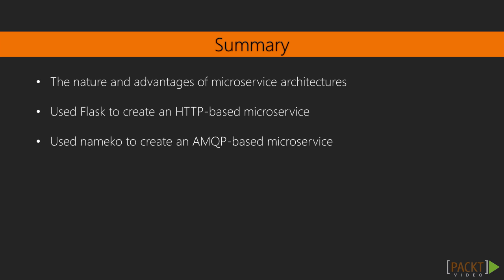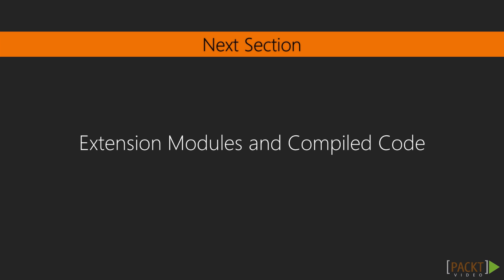In the earlier videos of this section, we looked at what microservices are philosophically and what their advantages are, and implemented an HTTP-oriented microservice using Flask. In the next section, we'll look at how to interface between Python and compiled code to optimize performance bottlenecks in our code, and access libraries written in other programming languages.